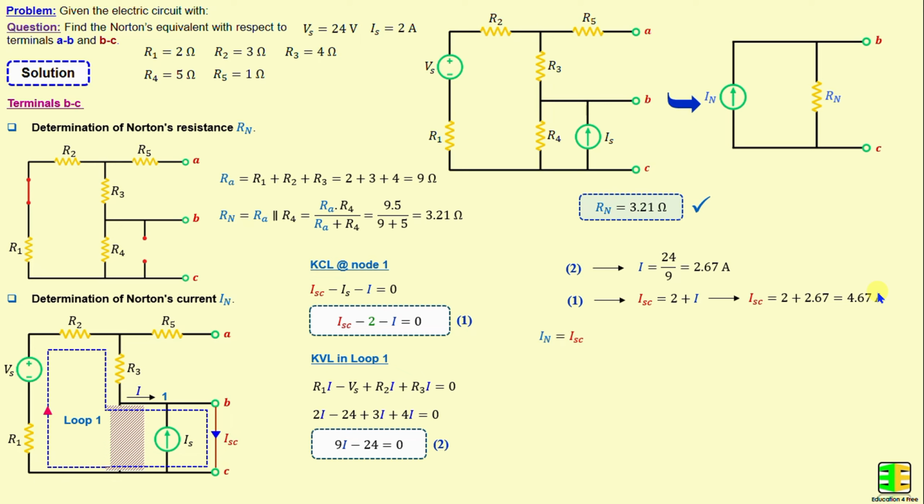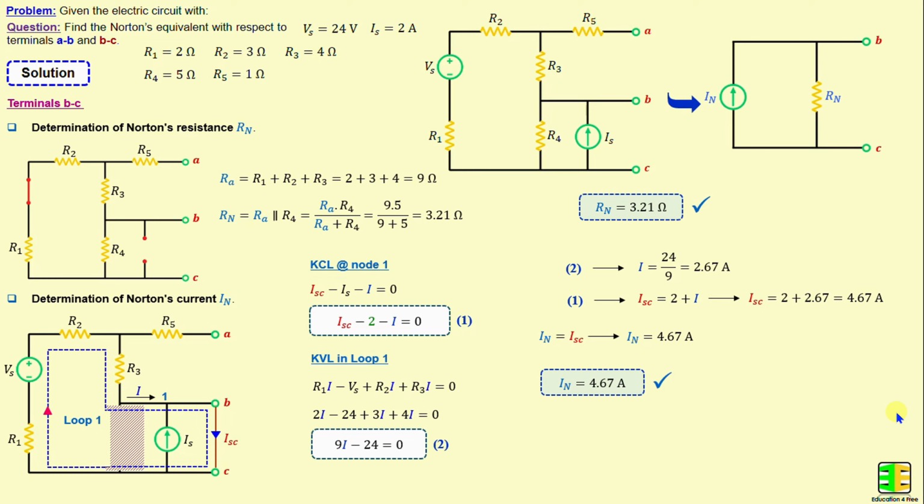And we know that IN is the short circuit current calculated between terminals B and C. That means IN is equal to 4.67 amps.